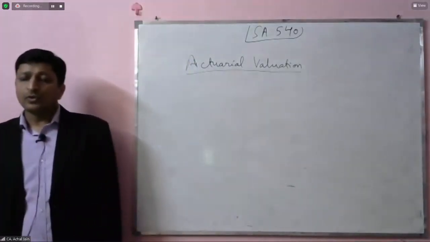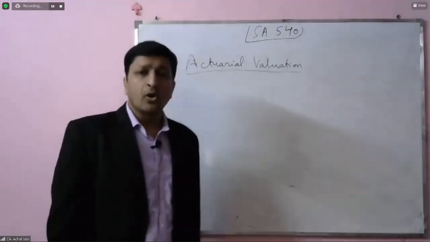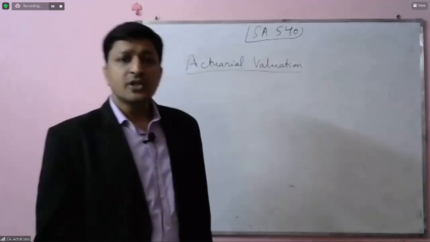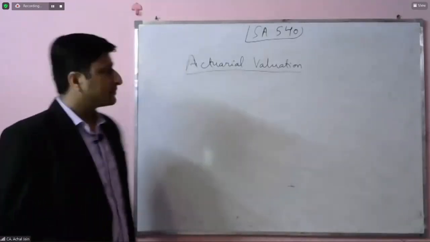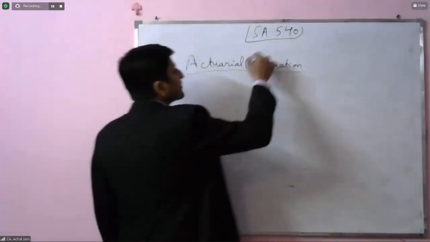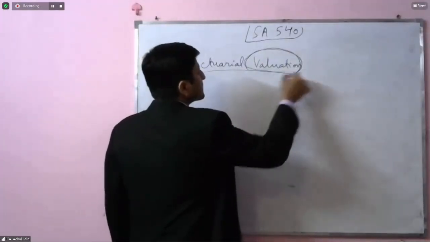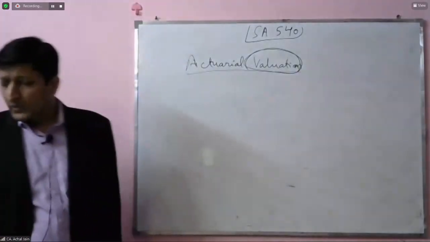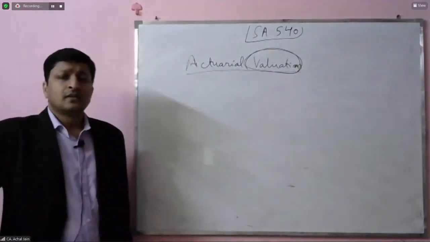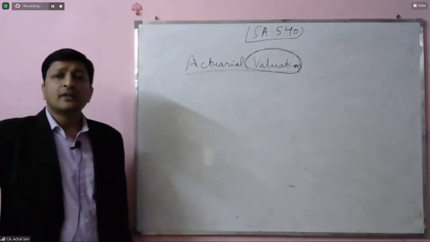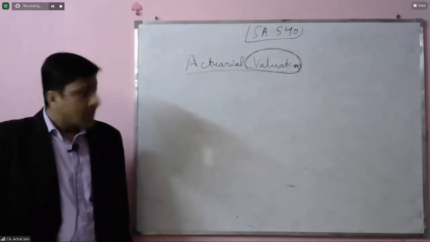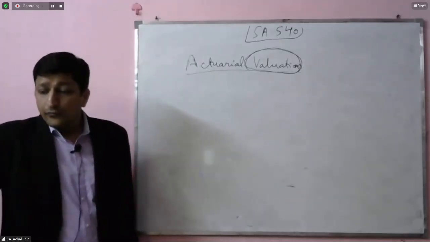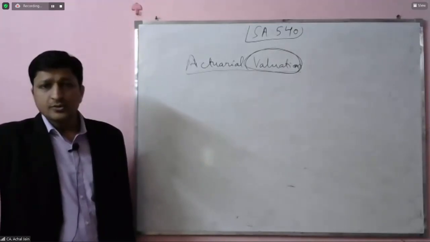If some of you don't know, actuarial valuation is all about valuation of employee expense. Okay, so it's a valuation of employee expense. For example, gratuity, which happens to be a defined benefit plan, is required to be valued by an actuary.